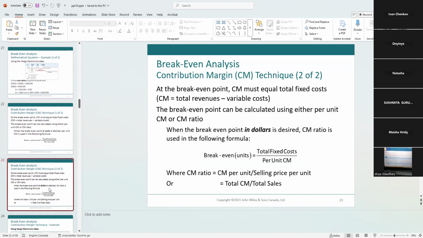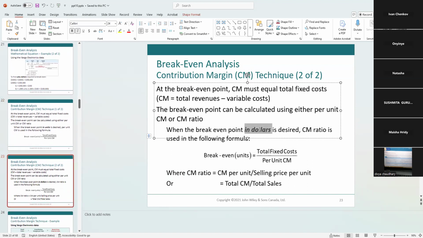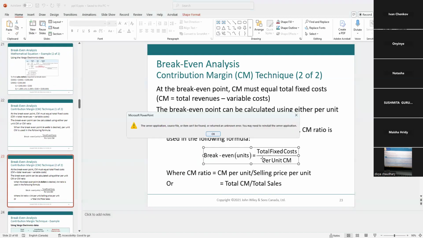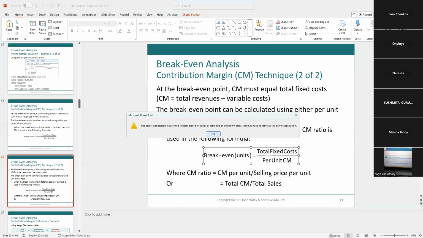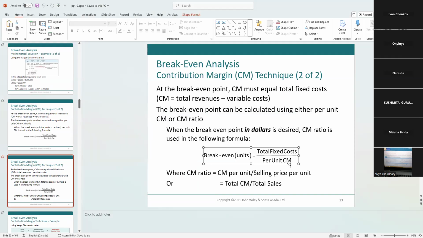If you're chasing sales in dollar amount, now we have to change this. Unfortunately, I cannot go inside, it doesn't let me, but I have to change this to the contribution margin percentage.